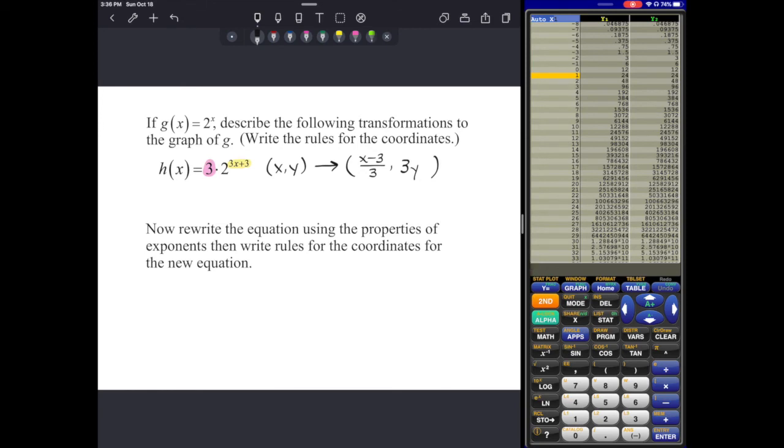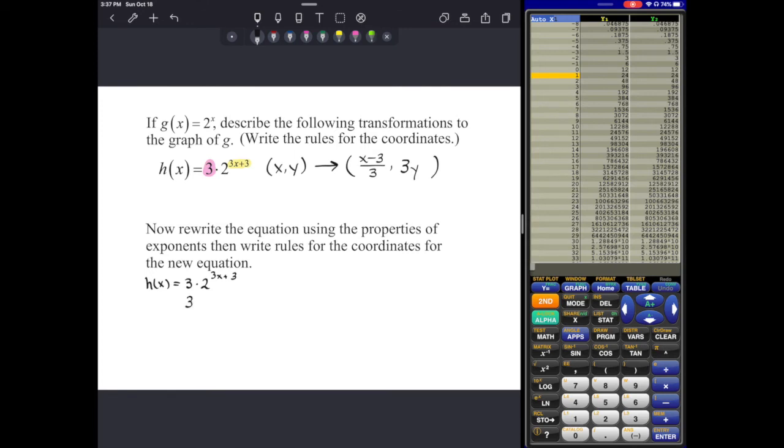Now they're asking us to rewrite the equation using the properties of exponents, then write rules for the coordinates for the new equation. All right, so we can do that here. Let's just recopy our equation below. h of x equals 3 times 2 to the power of 3x plus 3. So if we're just trying to use those properties of exponents, let's keep it right now as a base of 2.